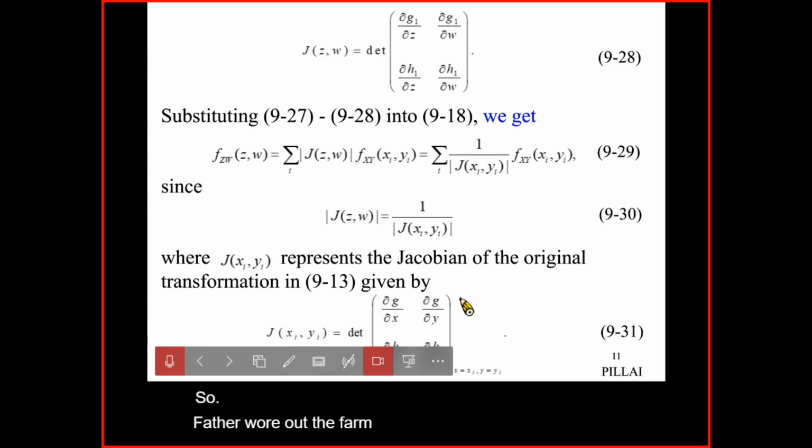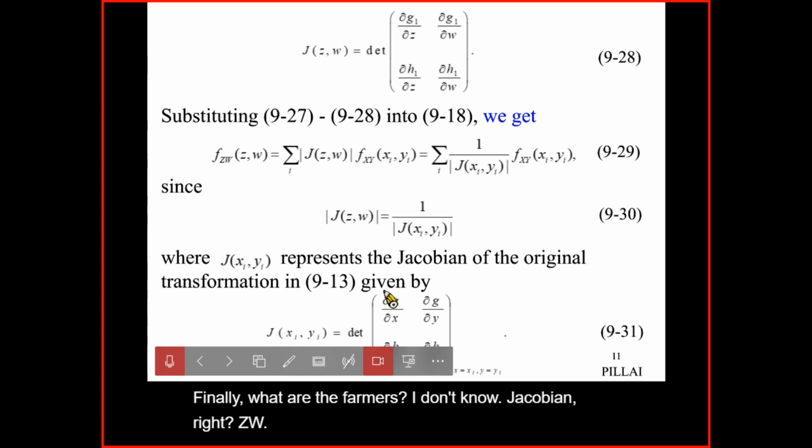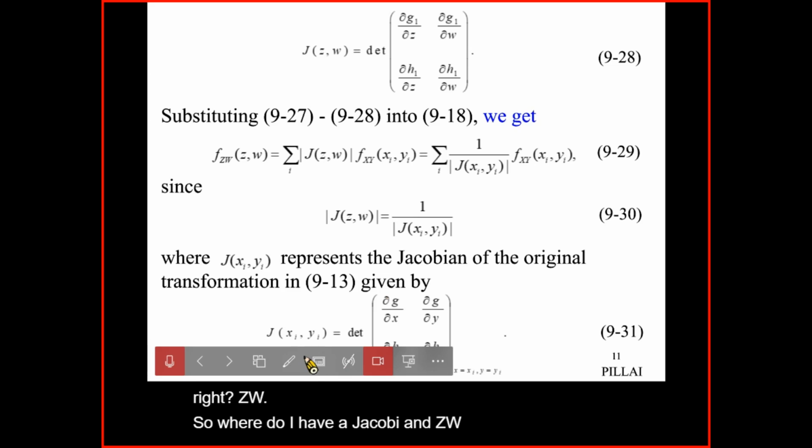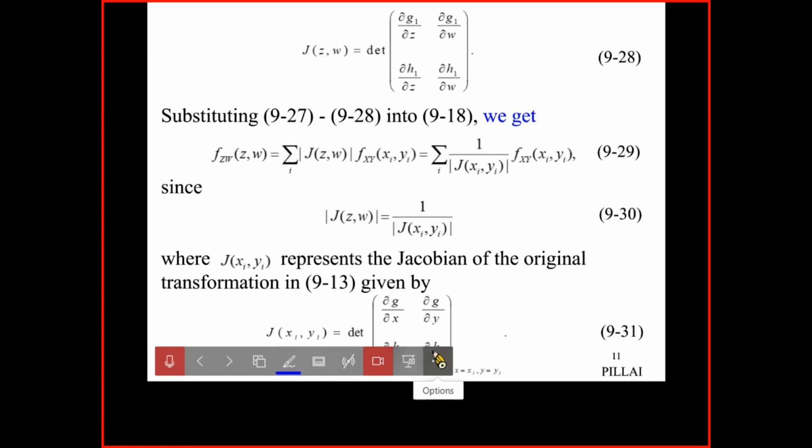I don't know the Jacobian, right? ZW. So we will have a Jacobian ZW, and we have this. So finally, we have the formula.